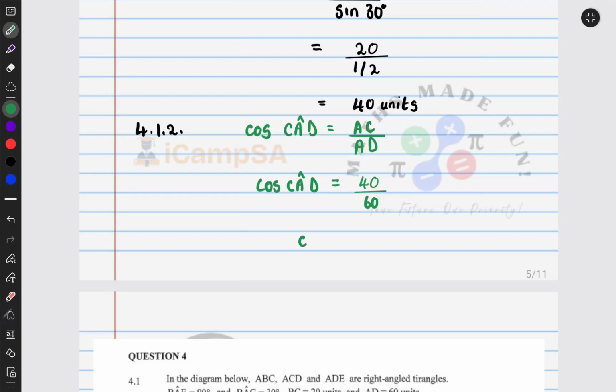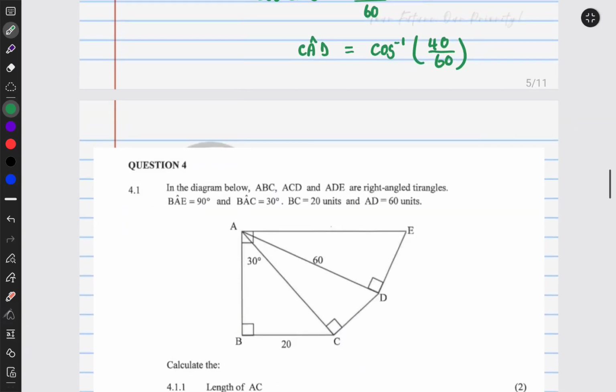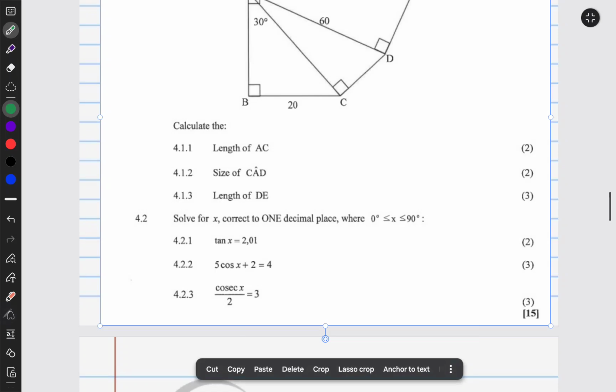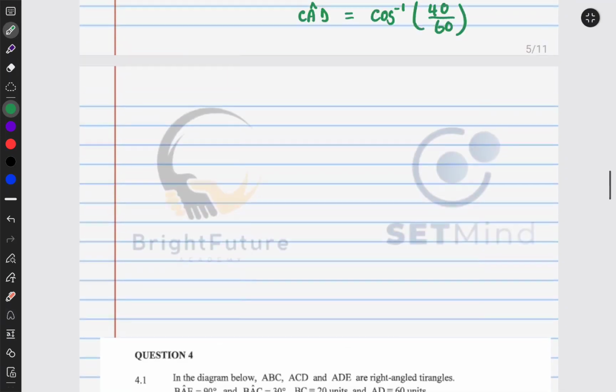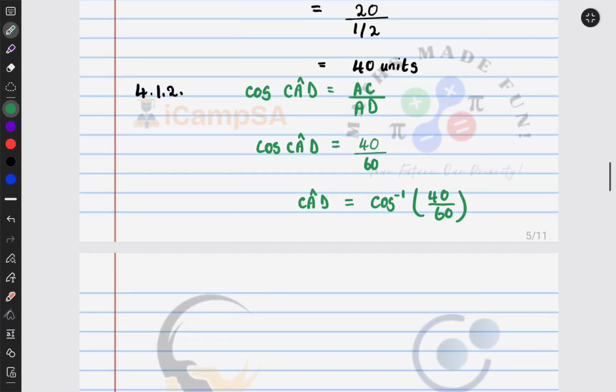Then for CAD, we have to take cos to the other side. So we're going to have cos inverse of 40 divided by 60. Therefore CAD is cos inverse of 40 divided by 60.